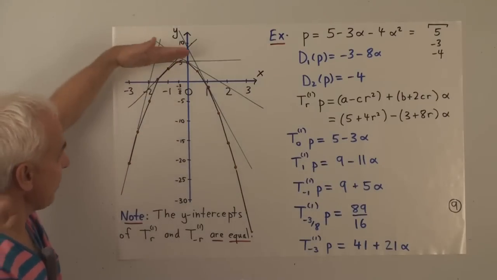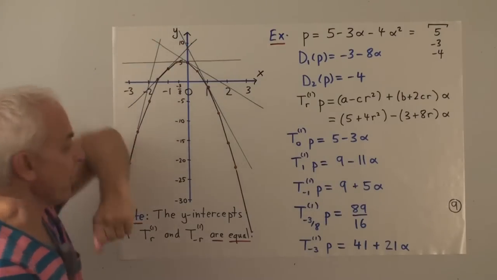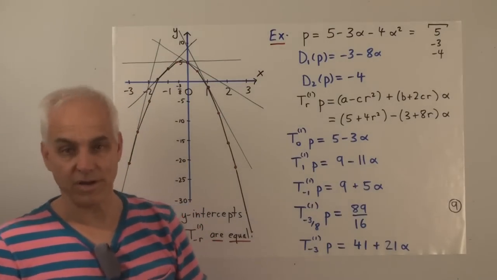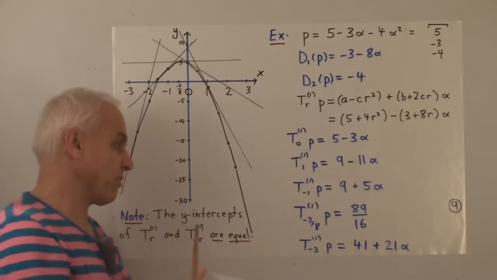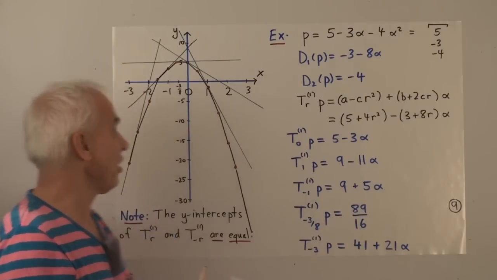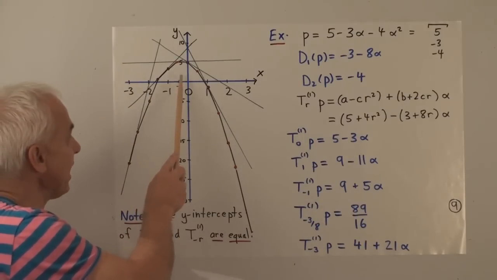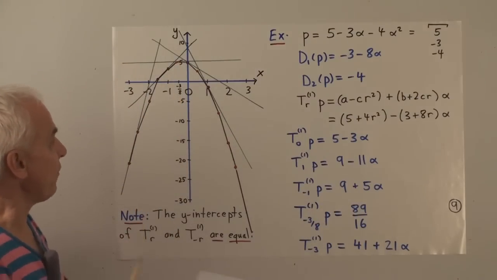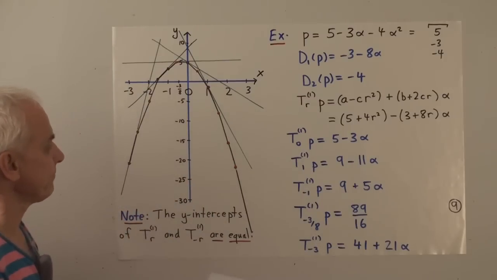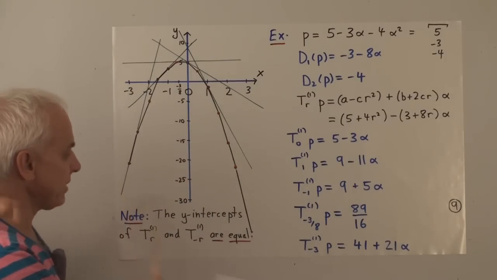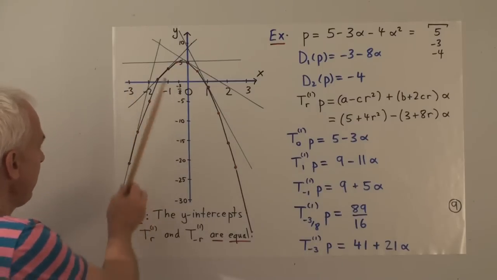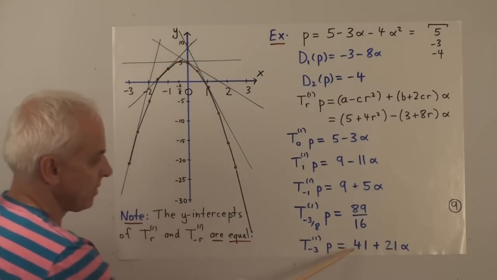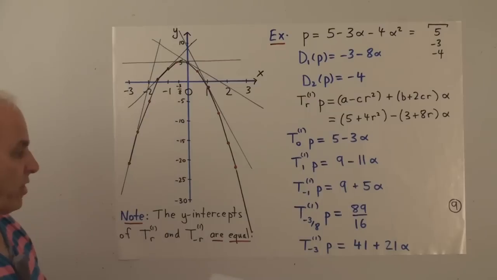So the fact that we're not getting a linear polynumber, but rather a constant polynumber, corresponds to the fact that there's something rather special about the point -3/8 for this parabola. And at -3, right over here, the tangent line is 41 plus 21 alpha.